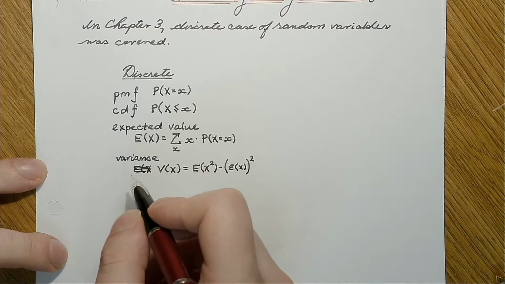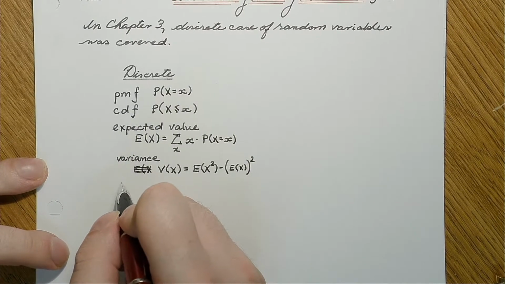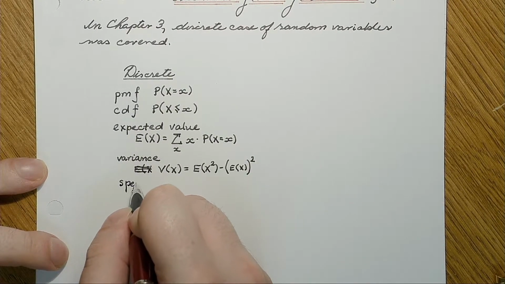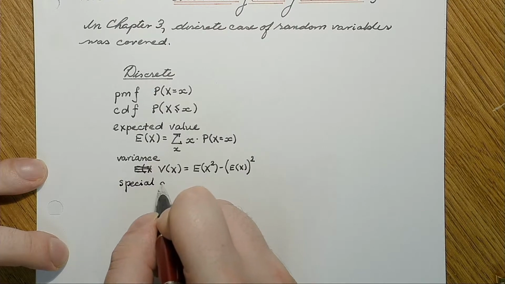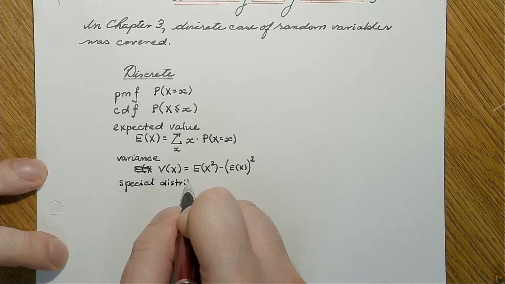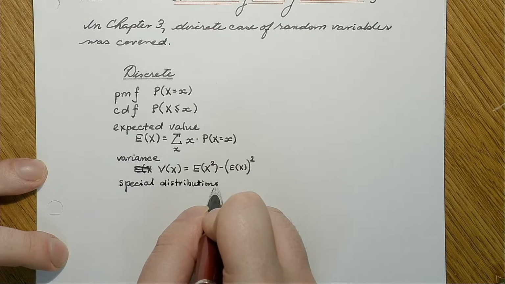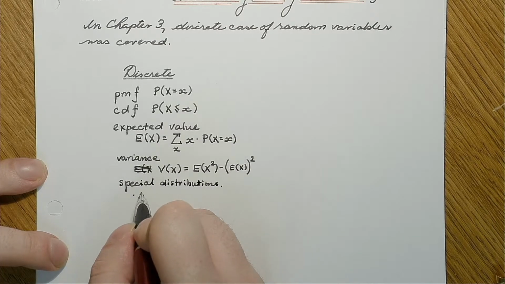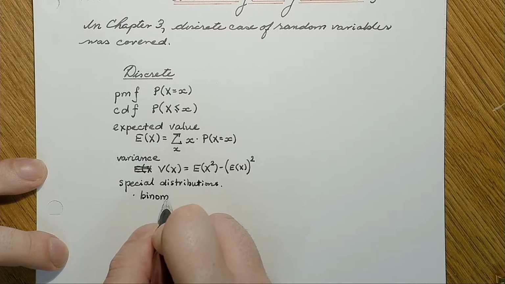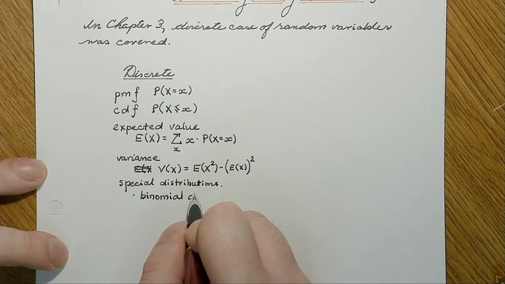And then we covered special distributions. What were the ones that we covered? Well, we covered the binomial distribution. Again, you have to remember your assumptions.